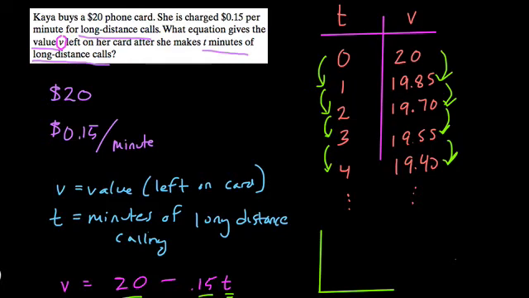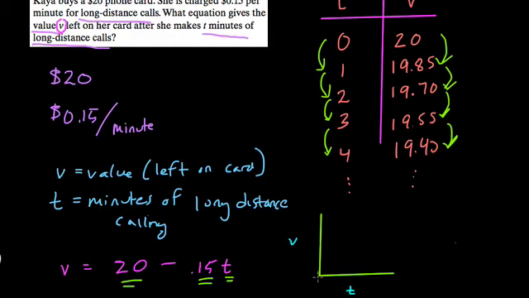In the graph, you have t, which is independent, for time, and v for value. At 0 we start, and then 5, 10, 15, 20. Up here at 20, $20. After 1 minute, the value goes down a slight amount. After 2 minutes, it goes down slightly. 3 minutes, 4 minutes, and so forth.